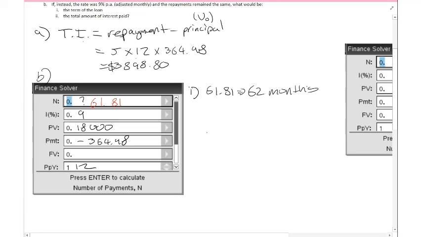And because it's monthly, 12 months in a year, that means it's going to be 5 years and 2 months.